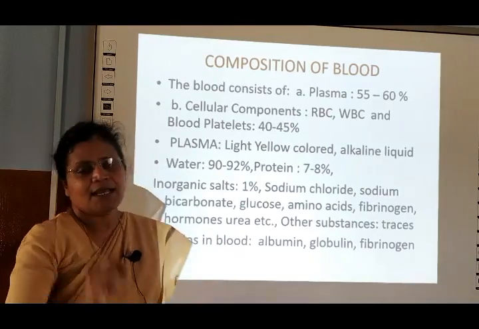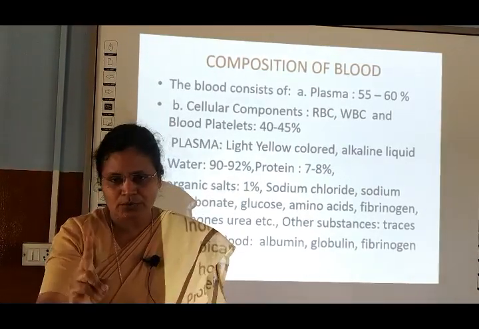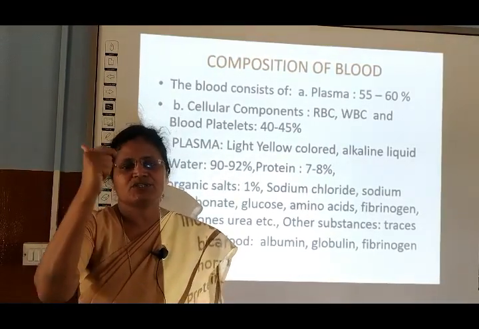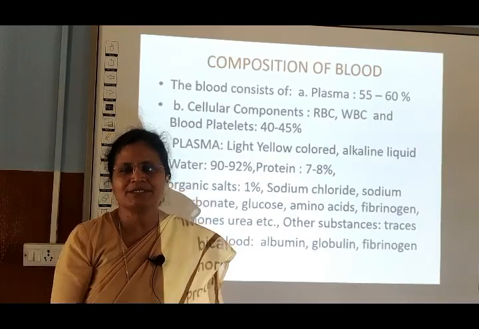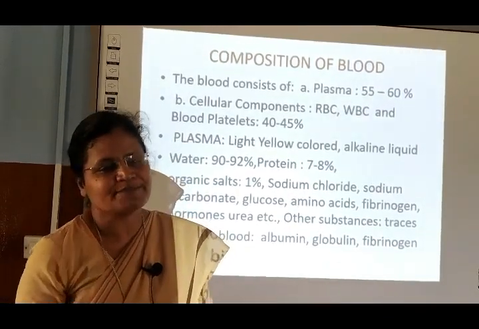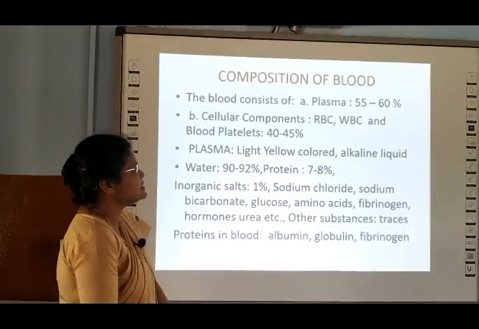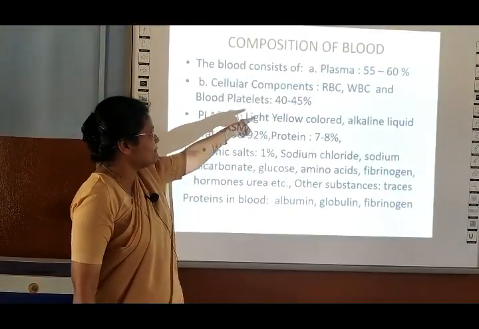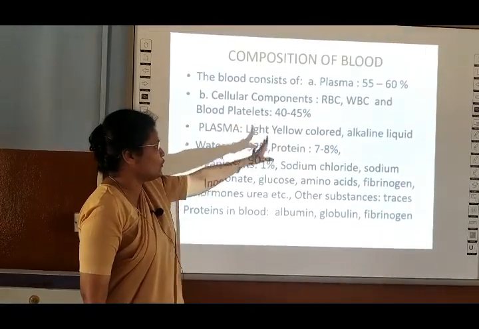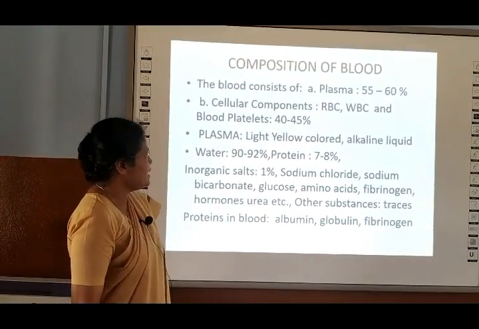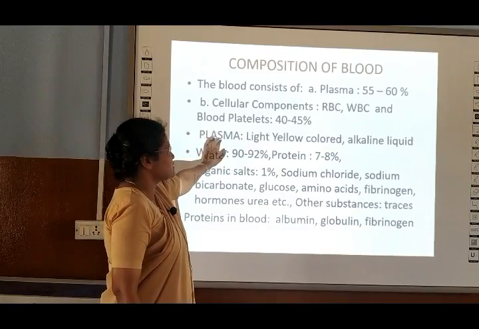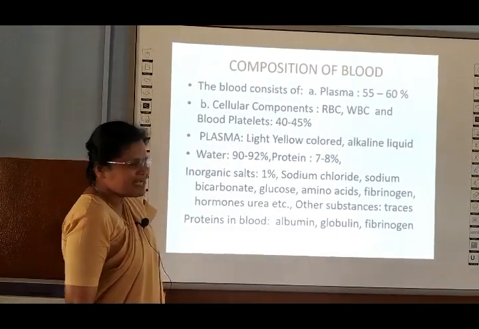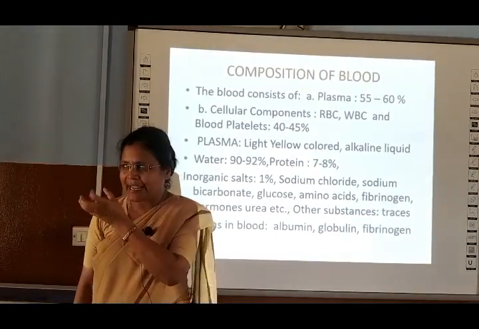So thus I repeat, blood consists of 2. Number 1, the plasma. Number 2, the cellular element or blood cells or blood corpuscles. Now the plasma consists of 55 to 60% and the cellular component consists of 40 to 45%. Now we concentrate a little bit on plasma. Plasma is straw colored. Straw, you know, the hay.